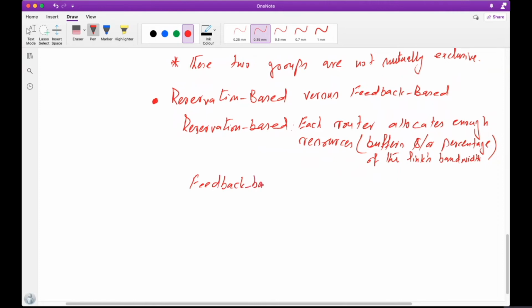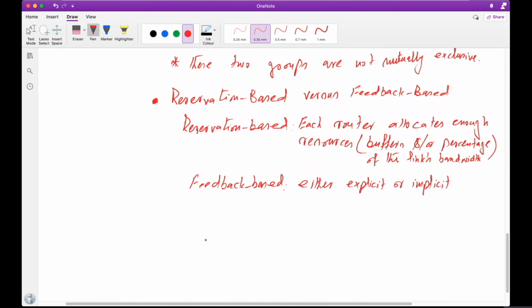The feedback is either explicit or implicit. So either we are sending explicit feedback or implicit feedback.